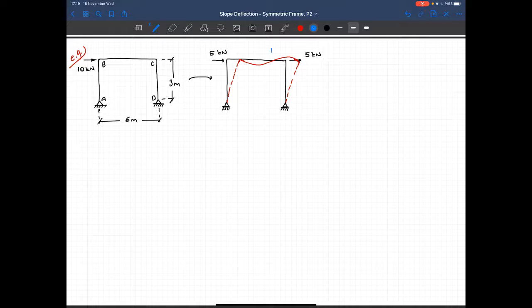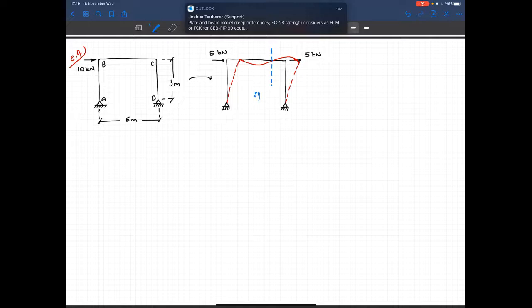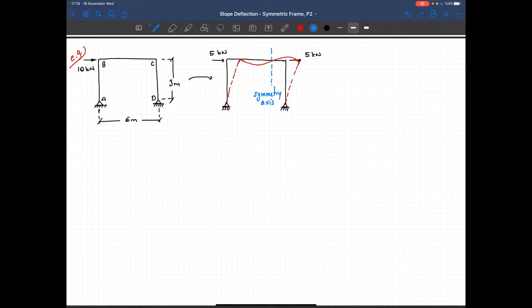Again at the middle we have a symmetry axis, and whatever I see on this side, I see reversed but the same on the other side. If you think about the moment diagram, we expect to have a moment diagram like this.